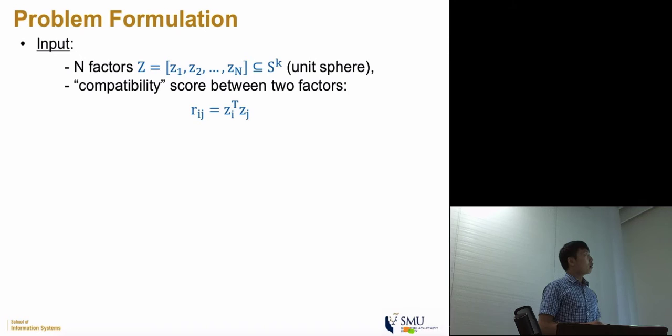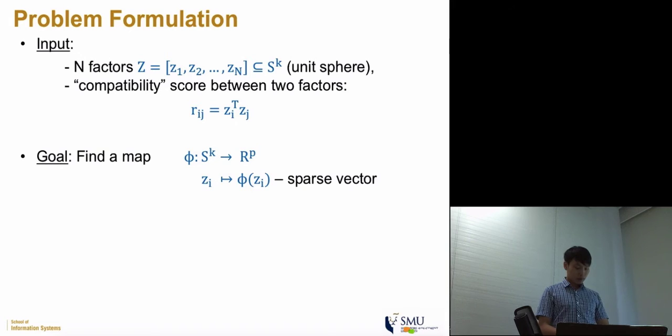So a general formulation is you have n factors which lie in the unit sphere, and the compatibility score between any two factors is computed using this formula, which is an inner product between the two factors.